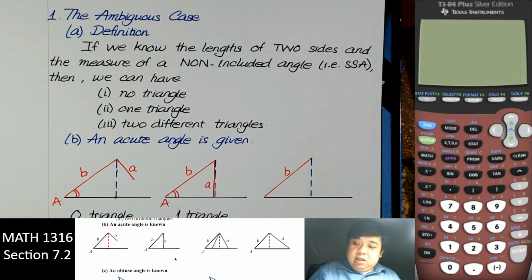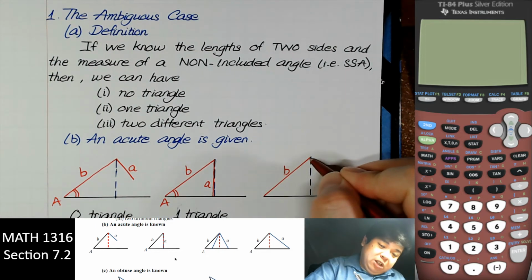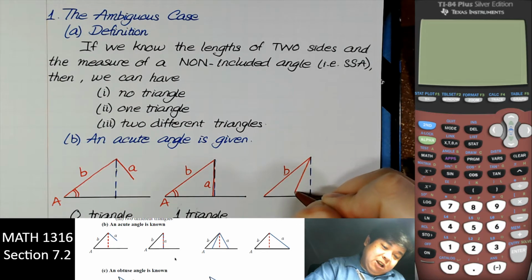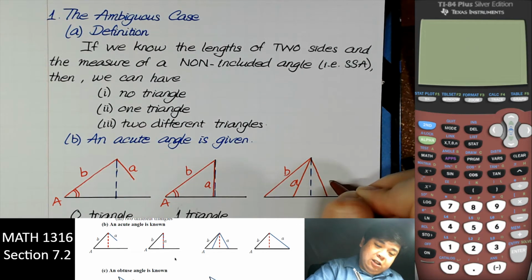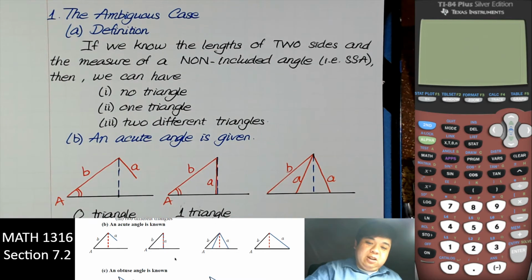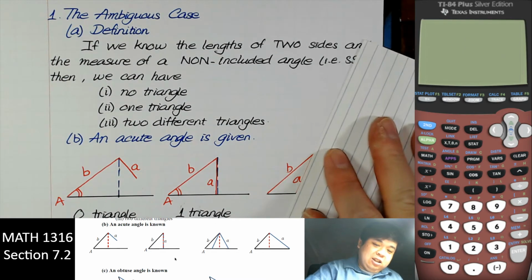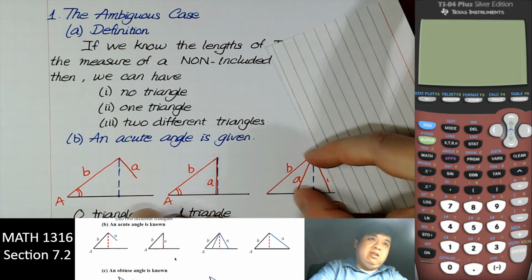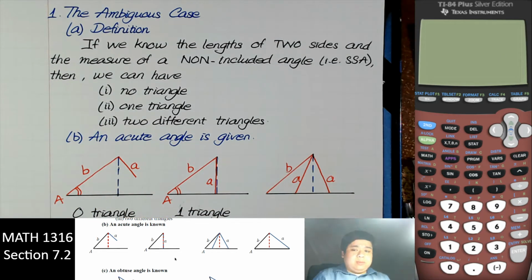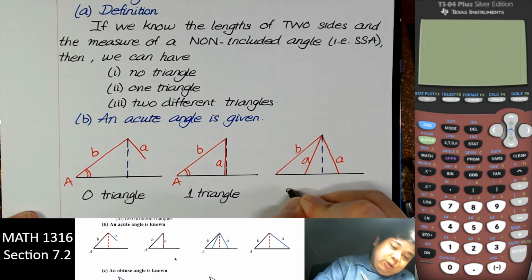In a rare case, and I should not say rare, we may have a side A where it swings both ways. So we may have a triangle like this and a triangle like this. Both of them have the side A, right? So in this case we have two triangles.